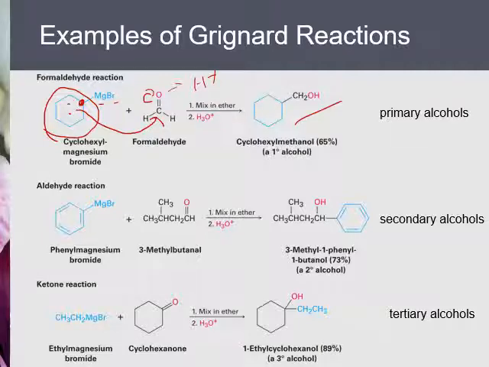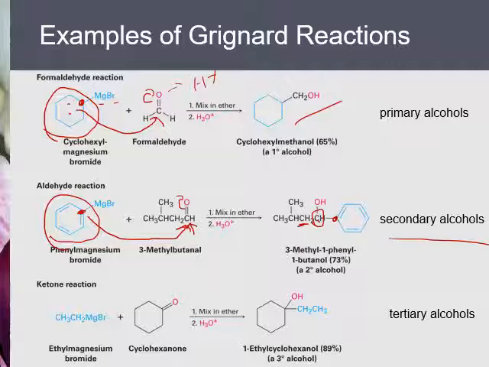In the second example, the benzene carbon is a carbanion, and this carbanion lone pair attacks an aldehyde, forms an alkoxide, and protonation gives you a secondary alcohol. In an aldehyde the carbonyl carbon already has one carbon, so if Grignard attacks, you have two. This carbon now connects to two carbons, and therefore this is a secondary alcohol.